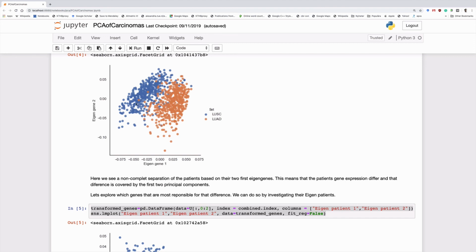There's also a weak trend where the yellow patients go downwards on eigengene 2.